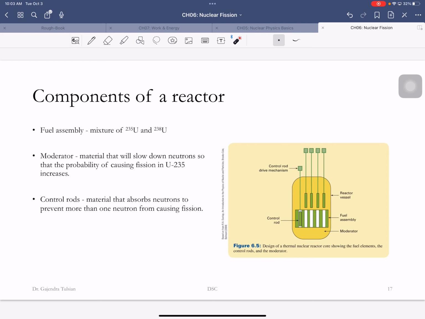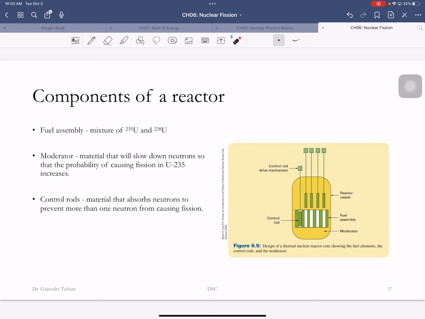So you have uranium-235 as the fuel. Moderator, what does the moderator do? That's right. When you split a uranium-235 nucleus, you get 3 neutrons. They're coming out very fast. For one of the neutrons to cause a further reaction, you want to slow them down. So that's what the moderator does. Water is a moderator.